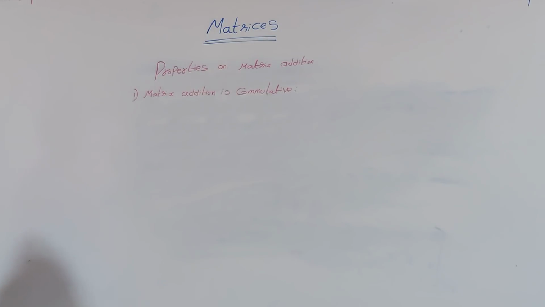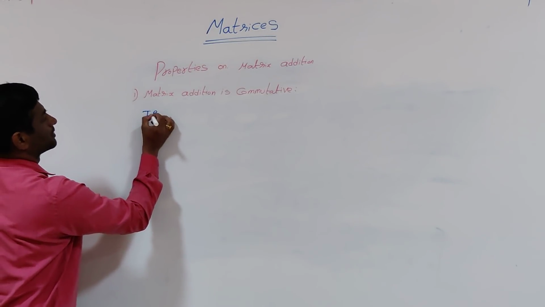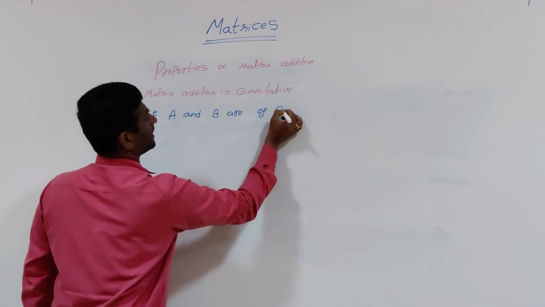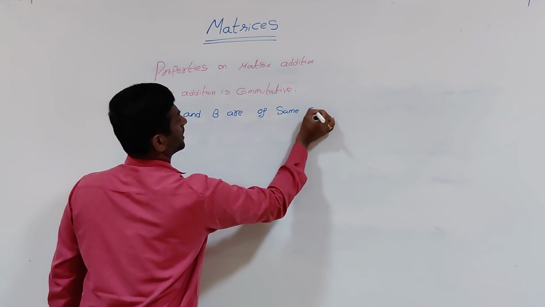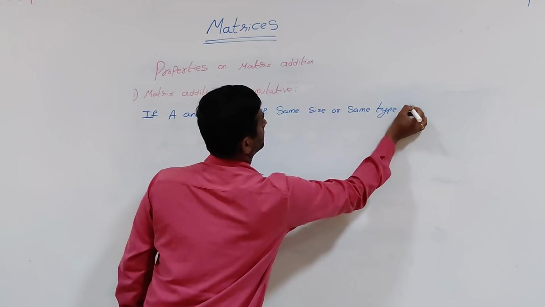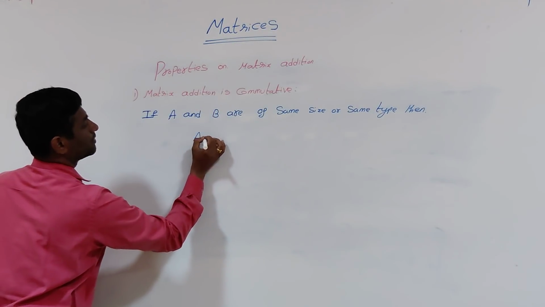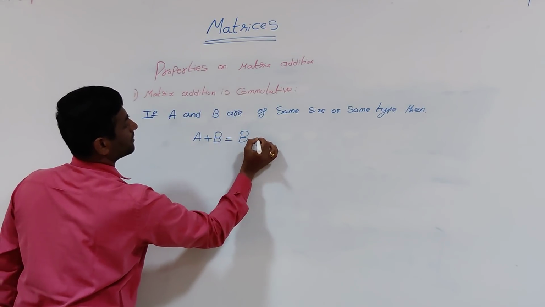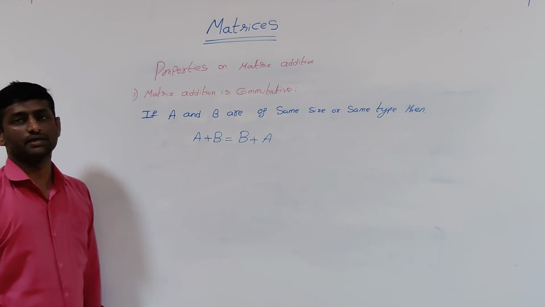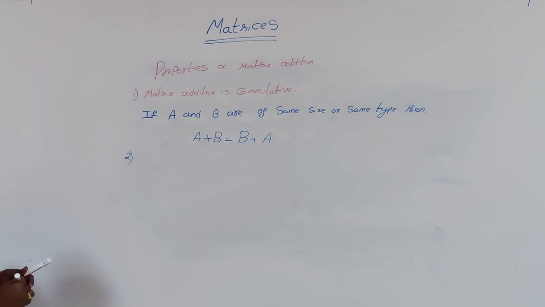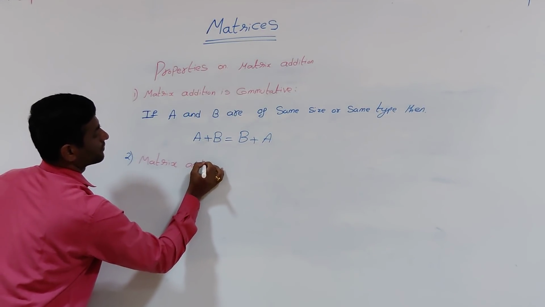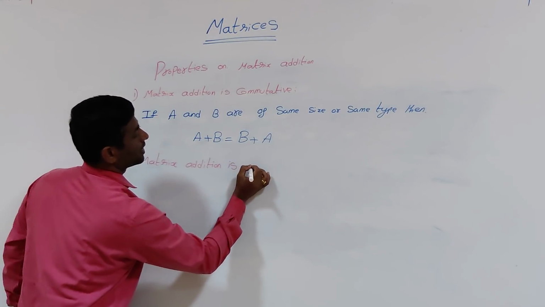Suppose A and B are of the same size, or we can say same type, then A plus B is equal to B plus A. If you add A and B or B and A, it gives the same matrix. Second, matrix addition is associative.